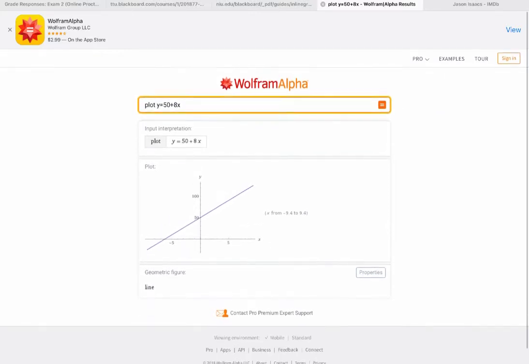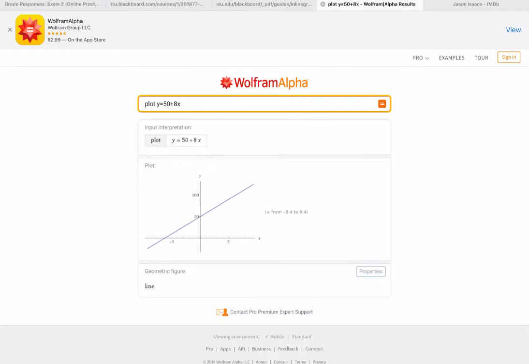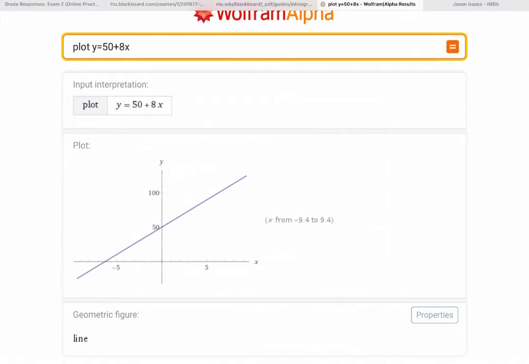Right here is a picture of the graph so that you can get a good look at what it does. And on tests and other work, if you use Wolfram Alpha, you just have to refer to it and tell me that that's what you used. I do expect you to be able to do the algebra at the same time.